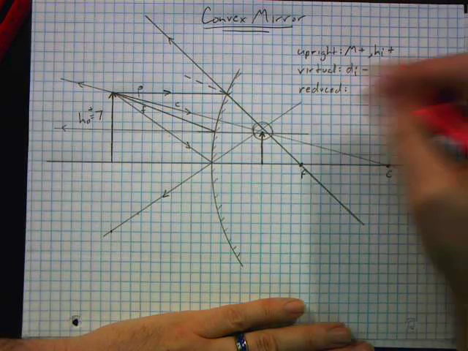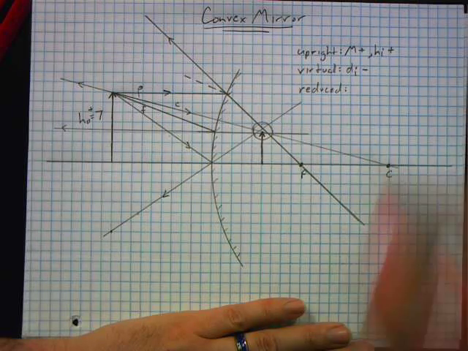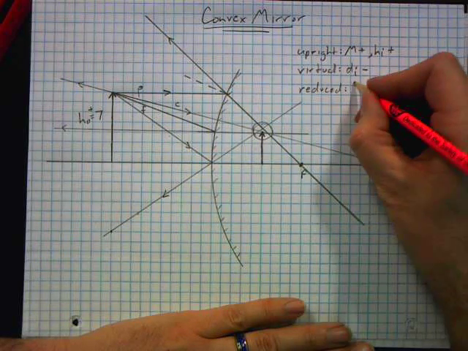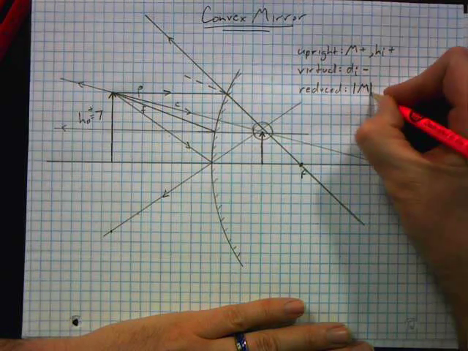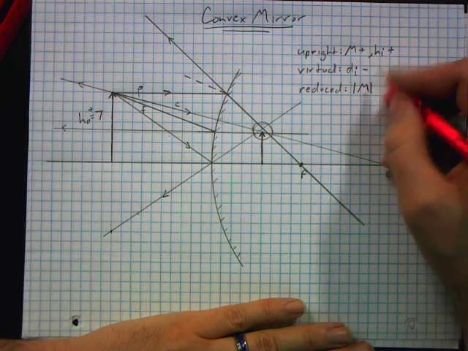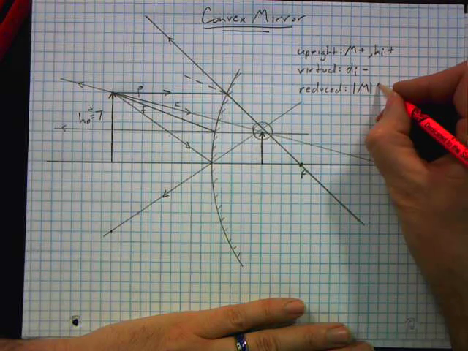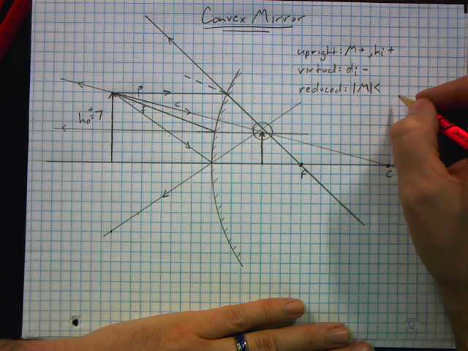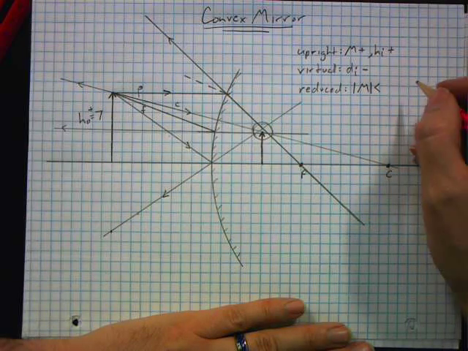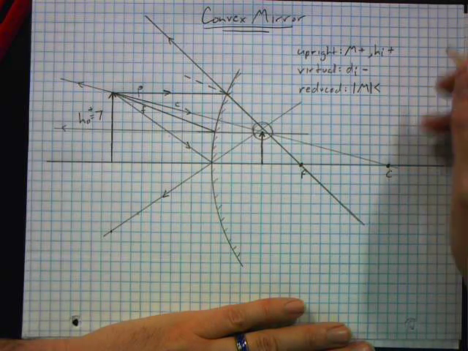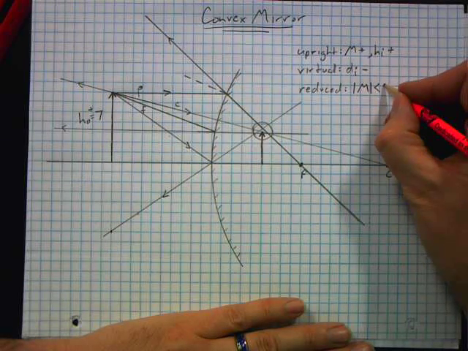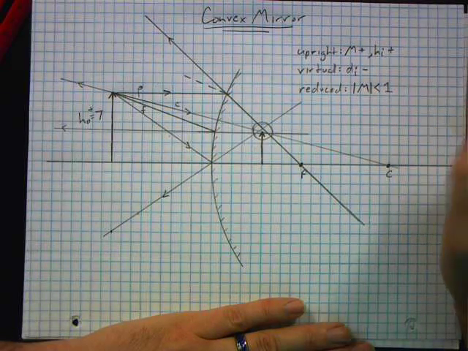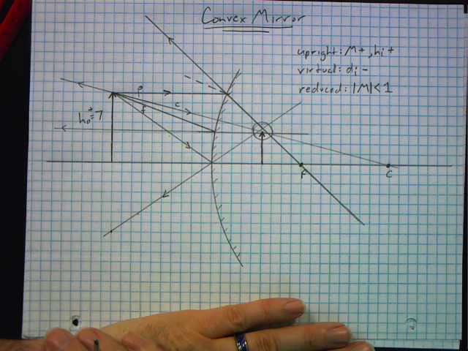It is reduced, and which means that the absolute value of my magnification, I'm going to stay away from just saying my magnification is less than 1. I want absolute value because you can have negatives. It can be upside down and either reduced or enlarged. My magnification is less than 1. That's what I mean by being reduced.